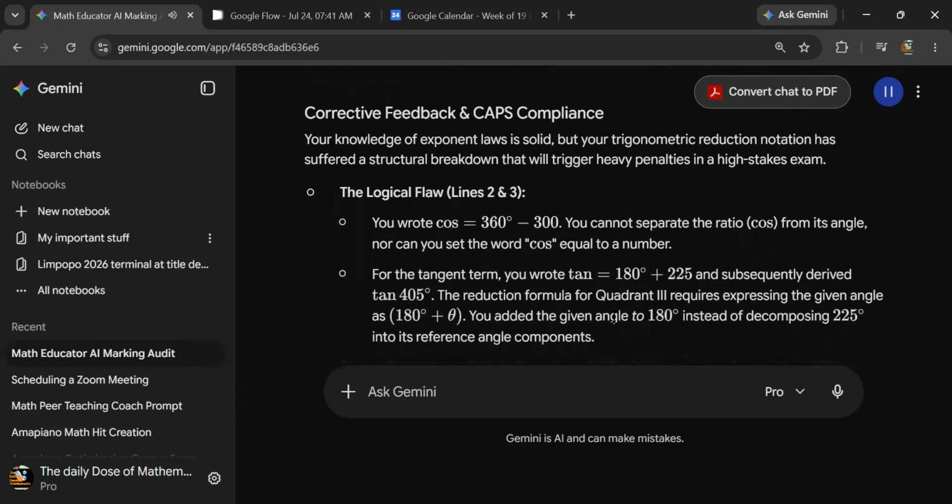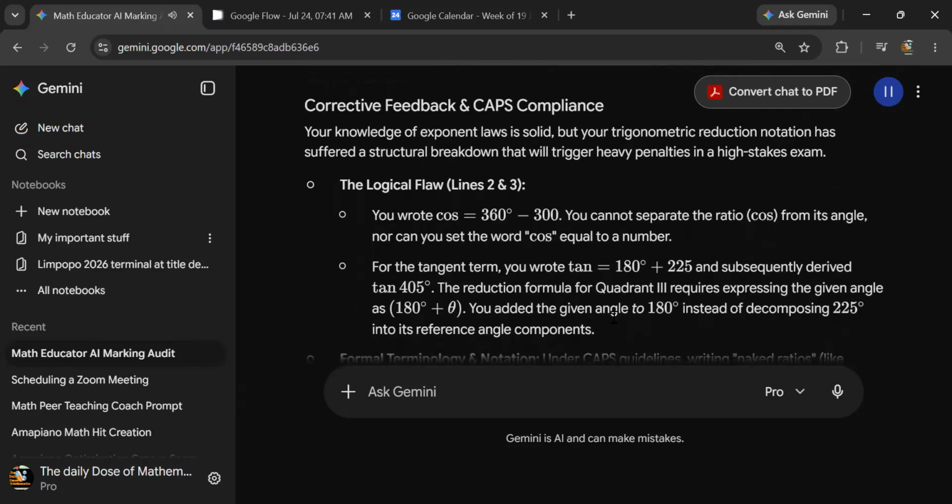Corrective feedback and CAPS compliance. Your knowledge of exponent laws is solid, but your trigonometric reduction notation has suffered a structural breakdown that will trigger heavy penalties in a high-stakes exam. The logical flaw, lines 2 and 3: you wrote cos equals 360° minus 300°. You cannot separate the ratio cos from its angle, nor can you set the word cos equal to a number.